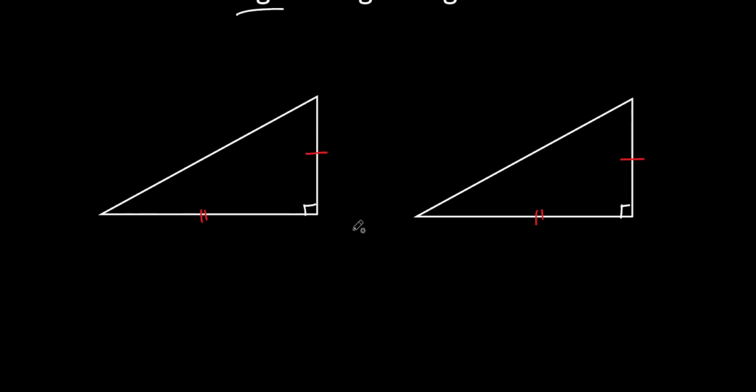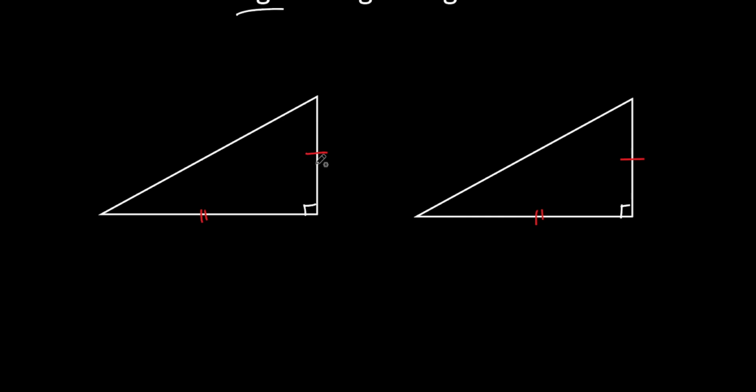Let's move on. So we could say that these triangles are congruent because of side, angle, side. But since they're right triangles, they give you four different reasons to show that they're congruent. Instead of saying side, angle, side, you could shorten it by one thing.